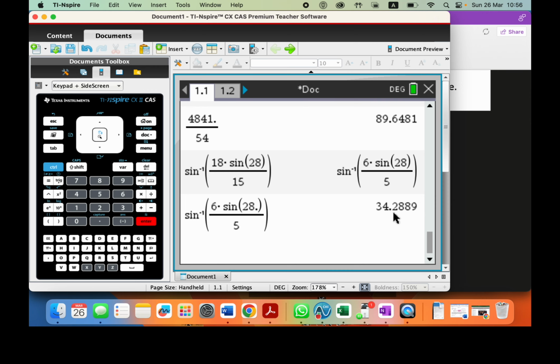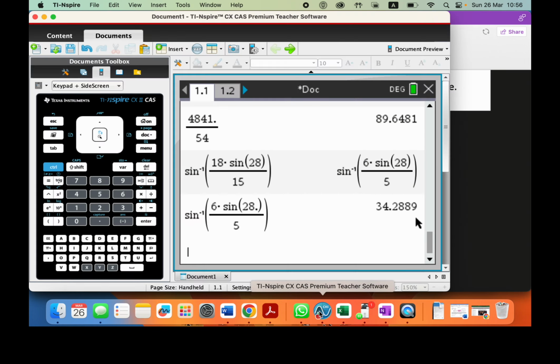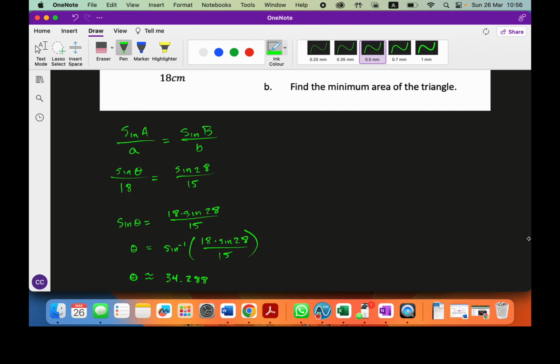So if I do that, I end up with 34.2888. So theta is approximately 34.2889. Okay. So we have that angle measure.